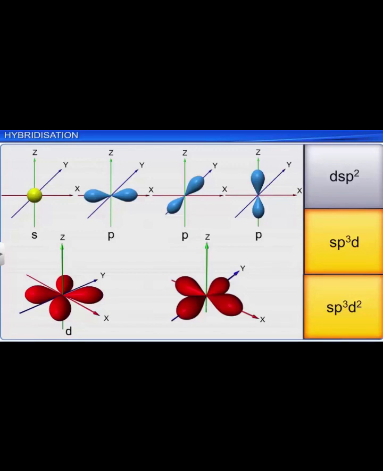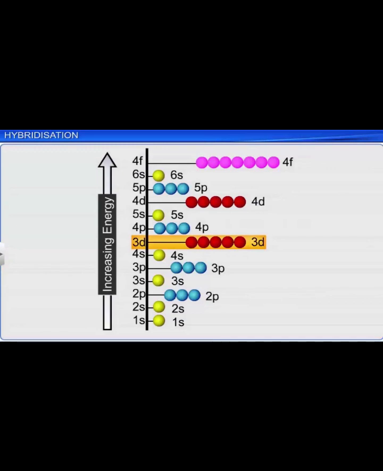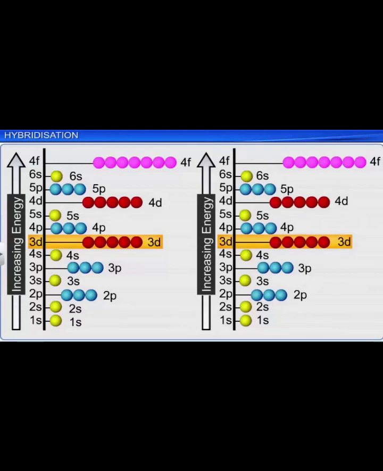The energy of 3d orbitals is not only comparable to 3s and 3p, but also comparable to 4s and 4p. Therefore, the hybridization of d orbitals either involves the 3s, 3p and 3d orbitals, or the 3d, 4s and 4p orbitals.